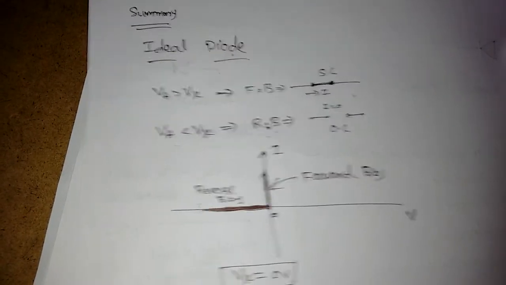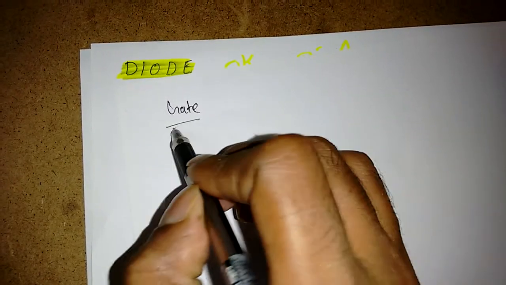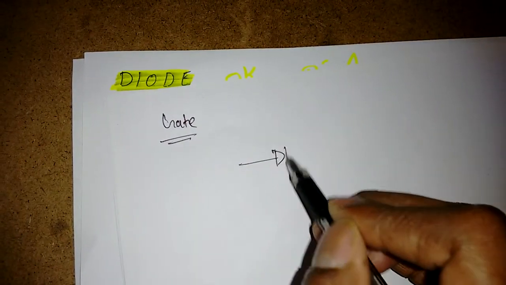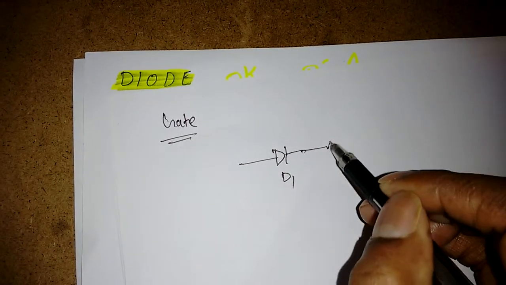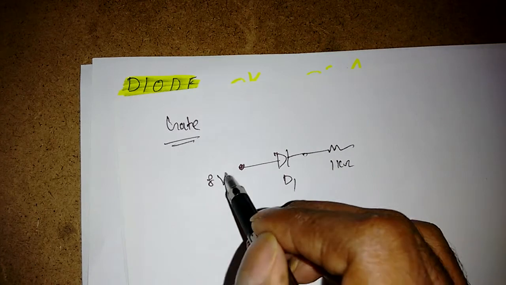In GATE, you will have so many problems on this concept. So I will take one example of how the GATE question will be formed. This is an example of a GATE problem that already came in GATE. Suppose there is a diode D1 and a resistor of 1 kilo ohm, and here I have given 8 volts.